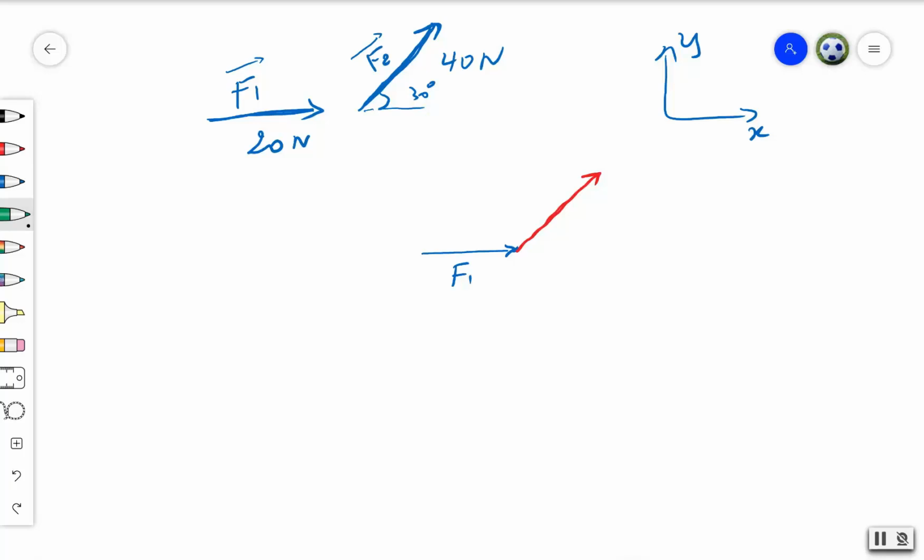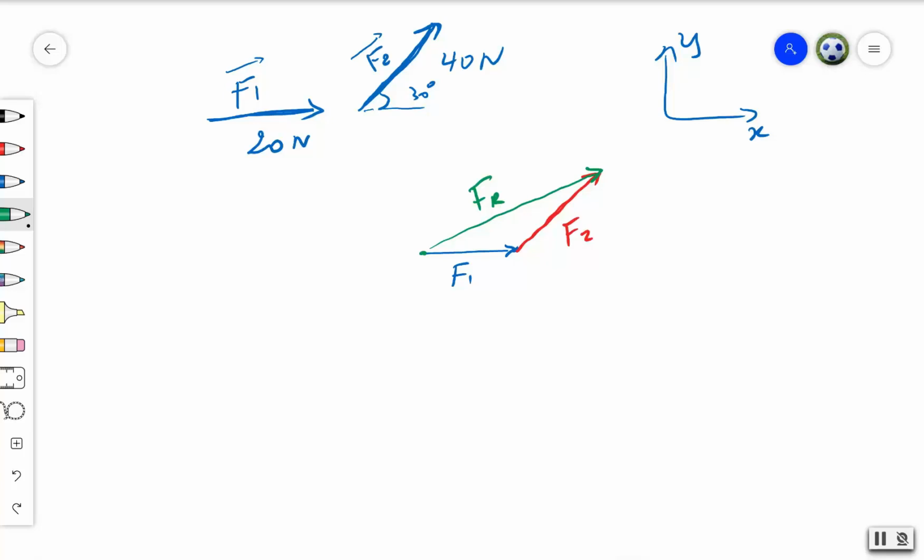Then the resultant vector, basically, we start from the tail of F1 and go straight to the tip of F2. So this is F2 and this is FR, the resultant.